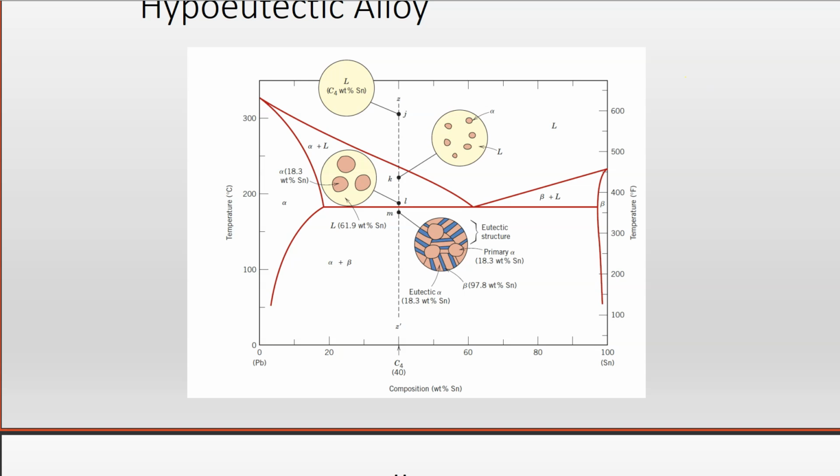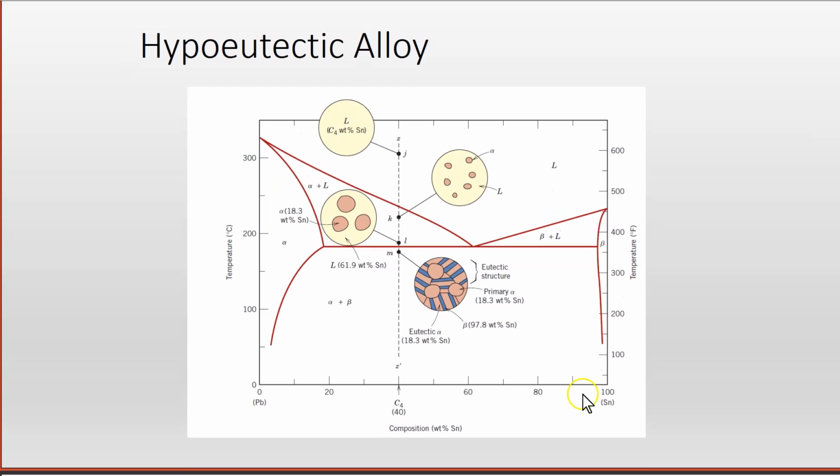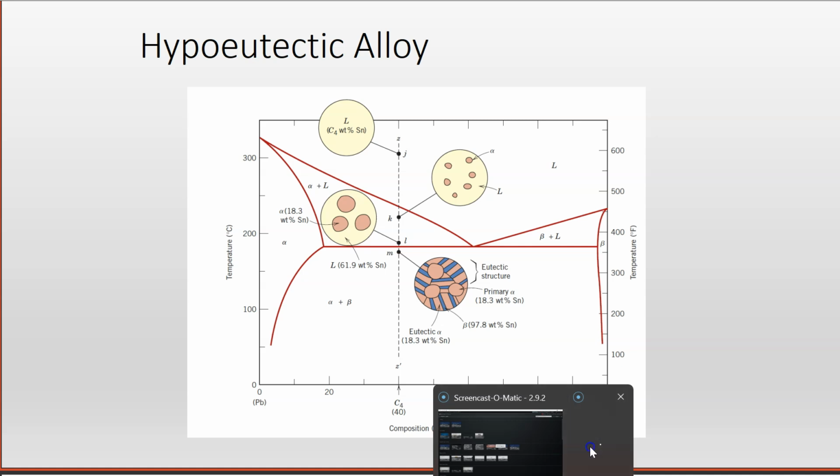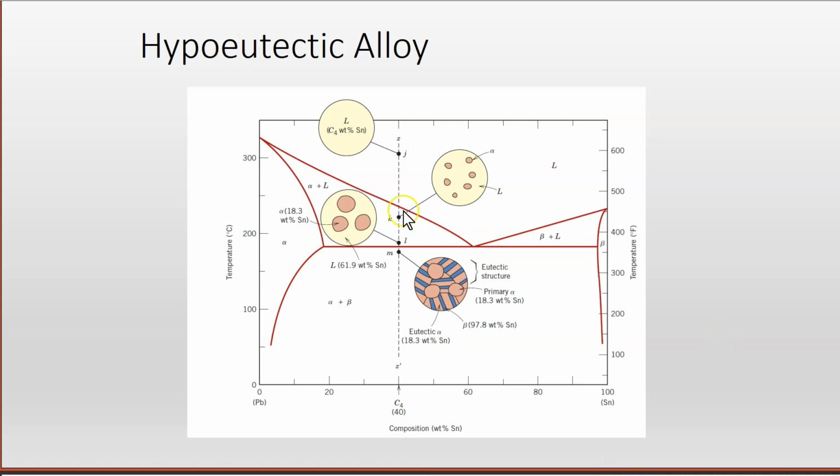Here we have what's called a hypoeutectic alloy. Hypoeutectic means that the composition, in this case with respect to tin in the lead-tin system, is less than that at the eutectic composition, which is right here. So when we have a hypoeutectic alloy in the liquid state, we have a uniform liquid right there. Now we hit the liquidus right here.